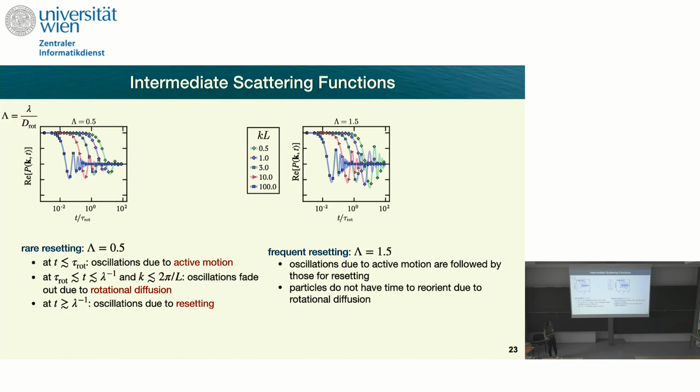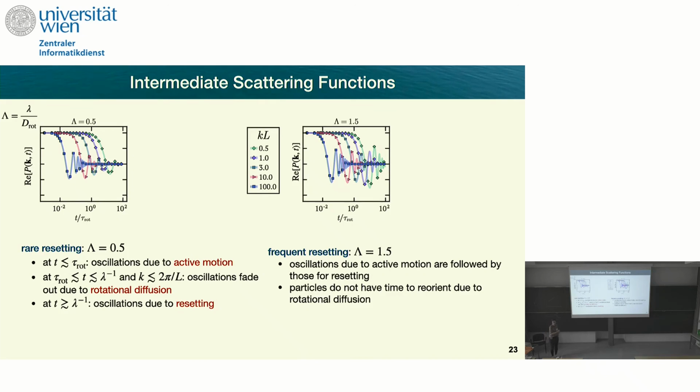I just want to show you a few qualitative features, and then I'm essentially done. If we have lambda smaller than 1, that means that active particles can reorient due to rotational diffusion before they become aligned again with the external field. We see this signature in the intermediate scattering functions as a decrease of oscillations and then an increase again.